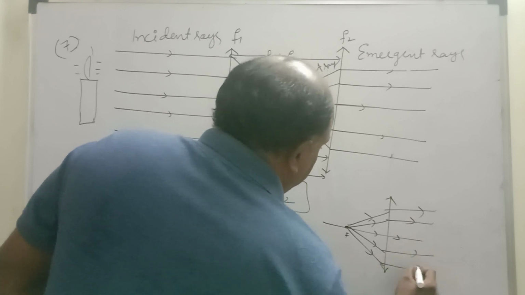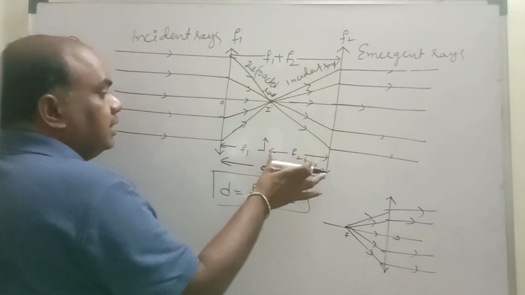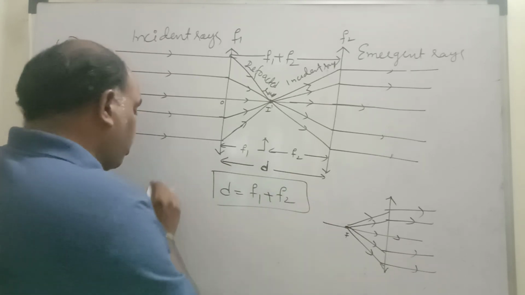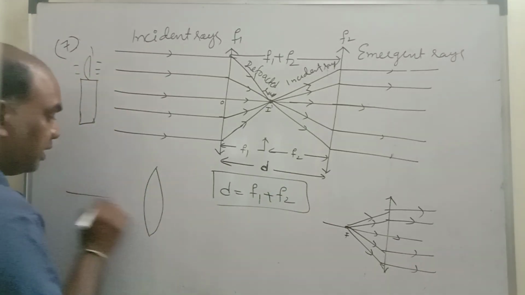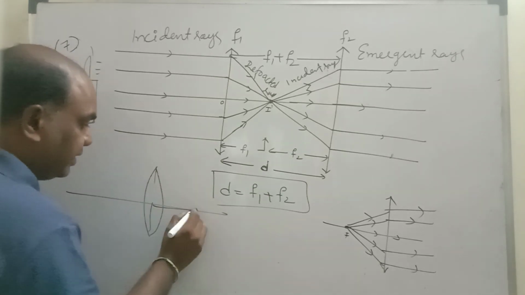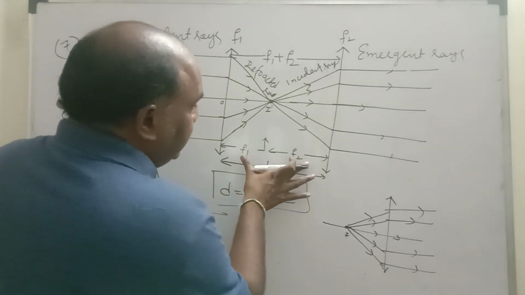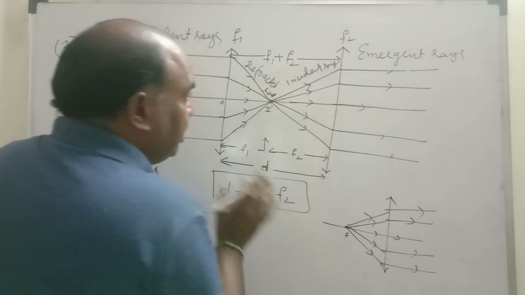The ray going through the optic center will be undeviated. So this is nothing but the focal length of this lens. It is a convex lens with both radii of curvature equal, so this distance is also f1. So the total distance will be f1 plus f2, the sum of their focal lengths.